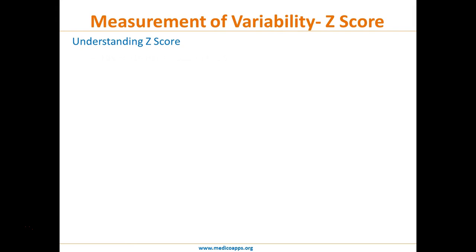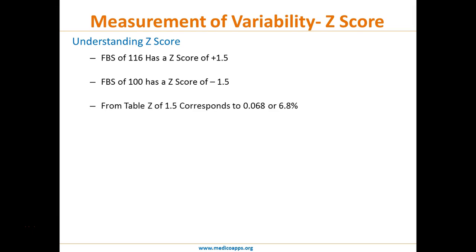So we saw that the fasting blood sugar of 116 has a Z-score of plus 1.5. Now, fasting blood sugar of 100 will have a Z-score of minus 1.5. So from the Z table, 1.5 corresponds to 0.0668, or 6.68% area beyond the curve.